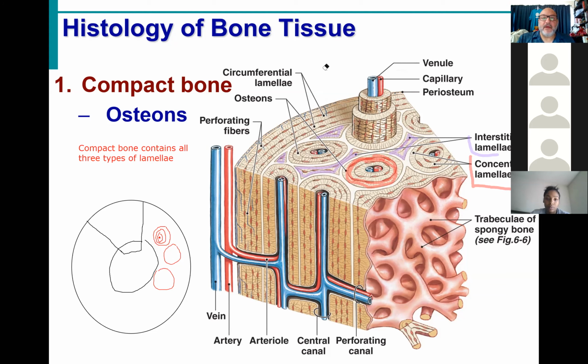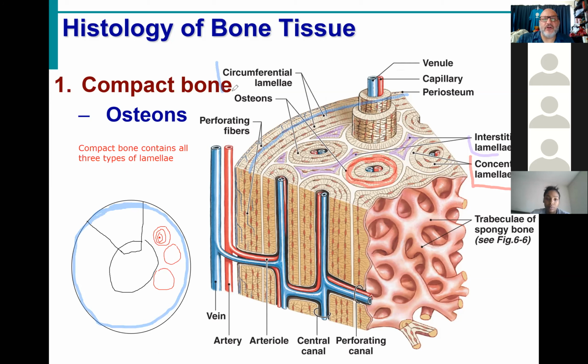Now, what's out here, I'll change the color to blue. This layer looks relatively straight because it goes around the entire circumference of the bone. We're just seeing the little bit of it that is in the pie wedge, but it actually goes around the entire circumference of the entire bone.